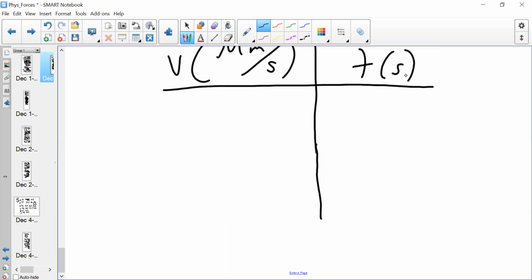Of course, megameters per second, or any distance per second, is going to be megameters per second squared for our acceleration. But anyway, my first velocity that I calculated was 13 megameters per second at 1 second. Then I have 11 at 3.